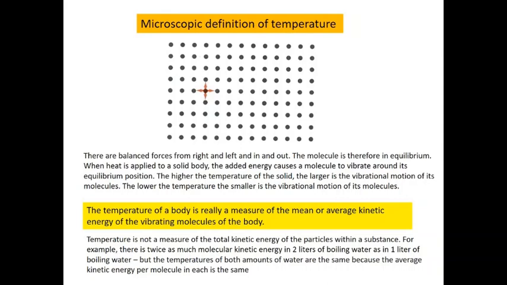They took minus 273 as 0, and called it 0 Kelvin, and each change of one degree Celsius is equal to one Kelvin. So delta T in Kelvin and in degrees Celsius is the same. So the temperature of a body is a measure of the mean or average kinetic energy of the vibrating molecules or atoms of the body.